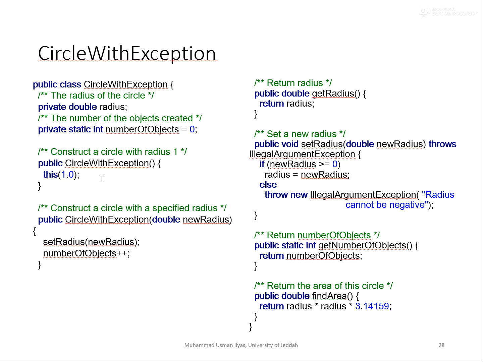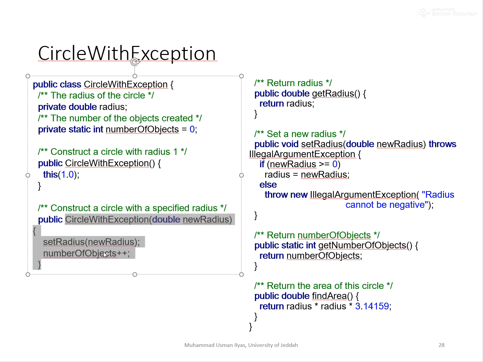It has two constructors, one that takes a radius value as argument, and the other a no-arg default constructor, which in turn just calls this other constructor that takes a radius as argument, passing it a default value of 1.